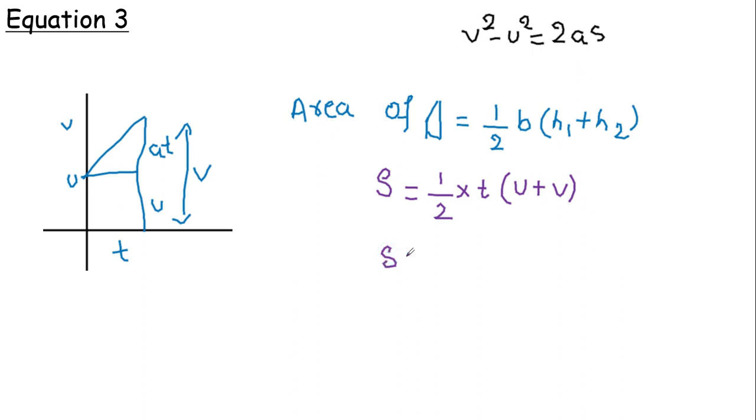Here we get finally s is equals to t into u plus v by 2. Here we have got only one t, so let's make it simpler to substitute the t value. 2s is equals to t into u plus v.